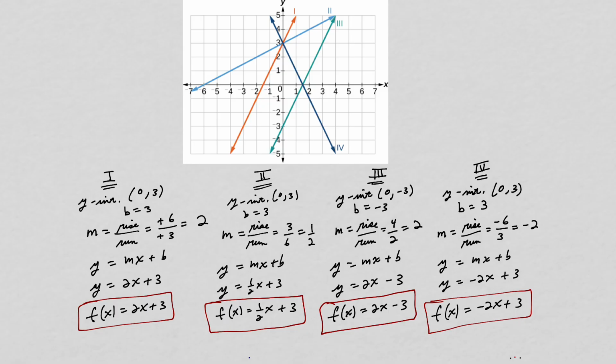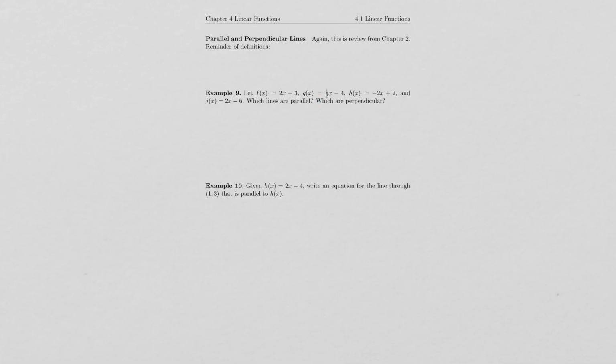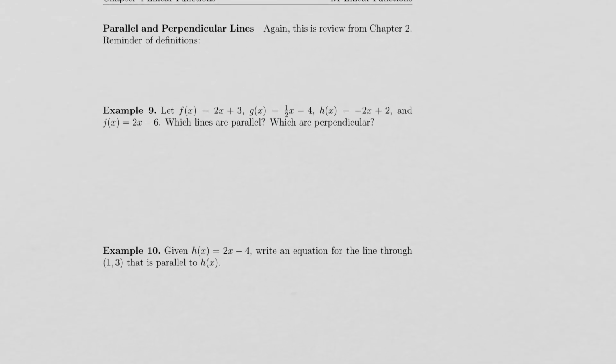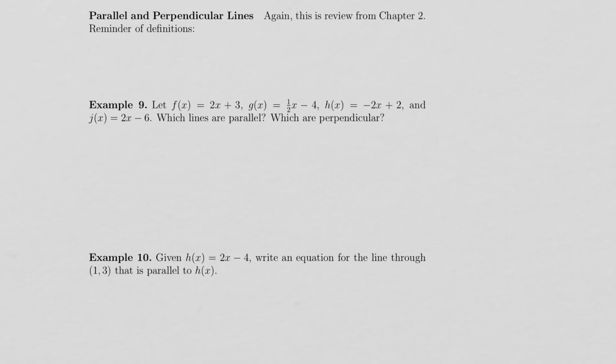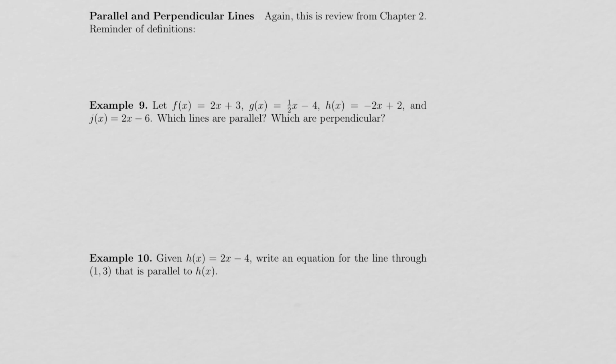All right, and then a little bit more. Again, we talked about this in chapter 2. Let's just review a little bit about parallel and perpendicular lines. Okay, so remember that two lines are parallel.